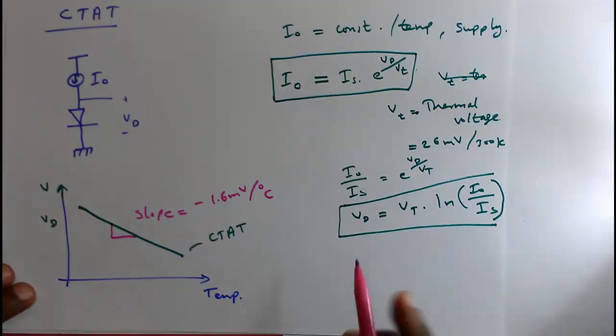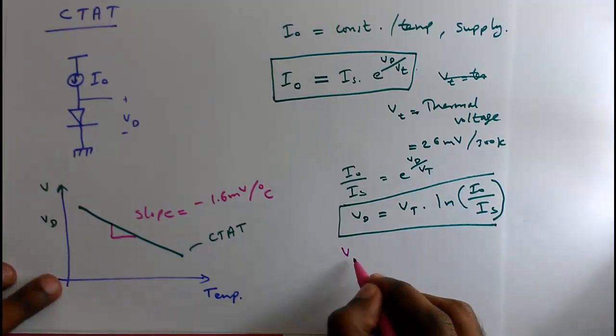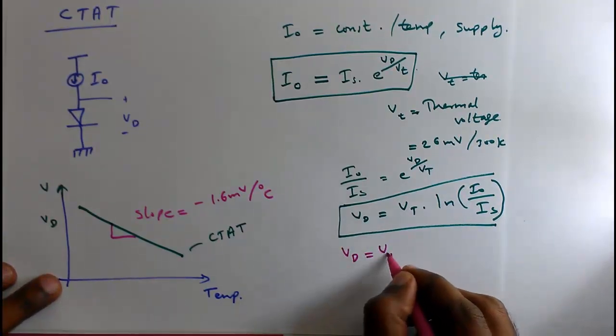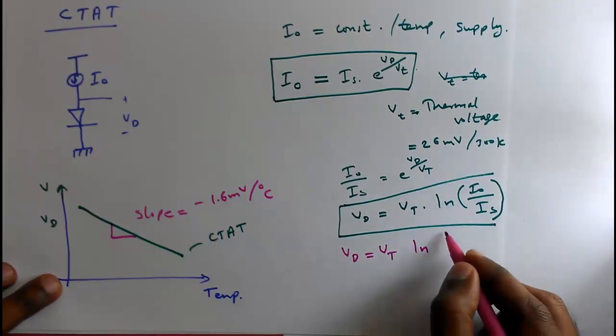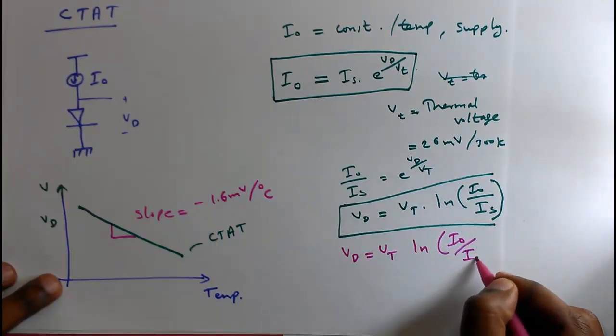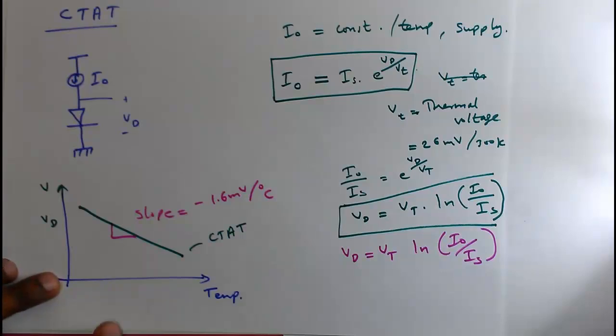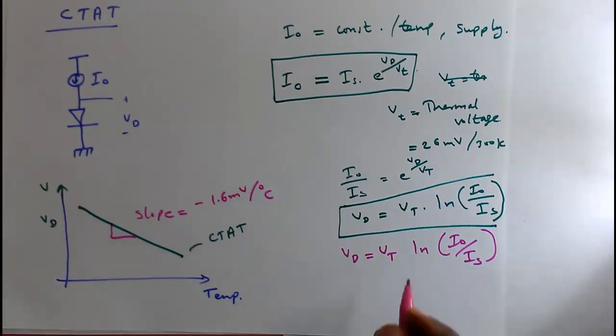And the equation for the diode voltage, we derived as Vd equal to Vt ln I0 by Is. This is a first order analysis. We will go deeper into this equation and see how it is decreasing, and those details we will see.